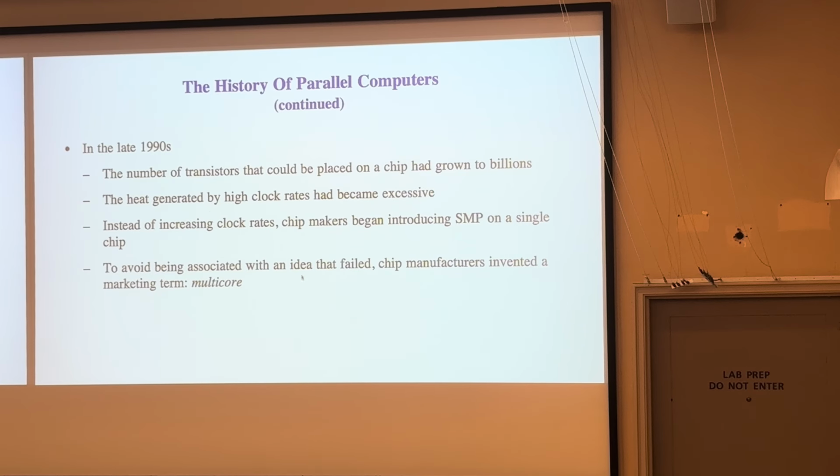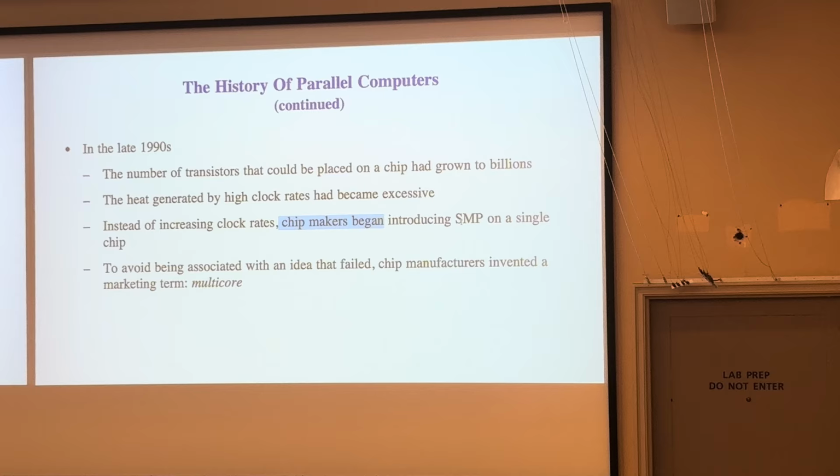So in the 1990s, the number of transistors that could be placed on a chip had grown to billions. The hardware technique had improved, and the heat generated by high clock rates had become excessive. Instead of increasing clock rates, chip makers began introducing SMP on a single chip. In a single CPU, you have multiple processors.